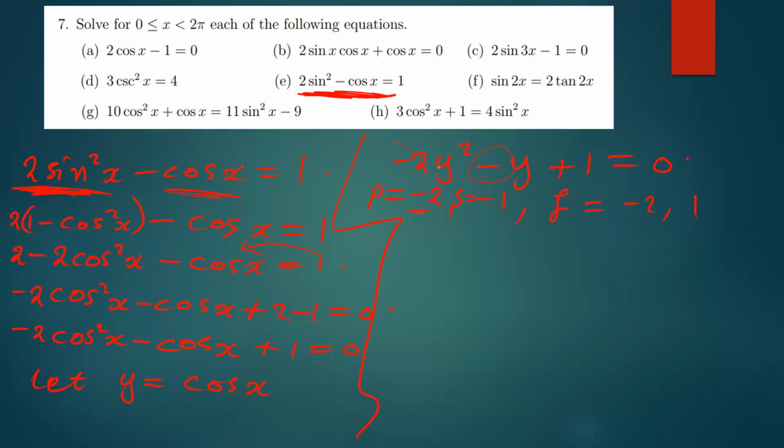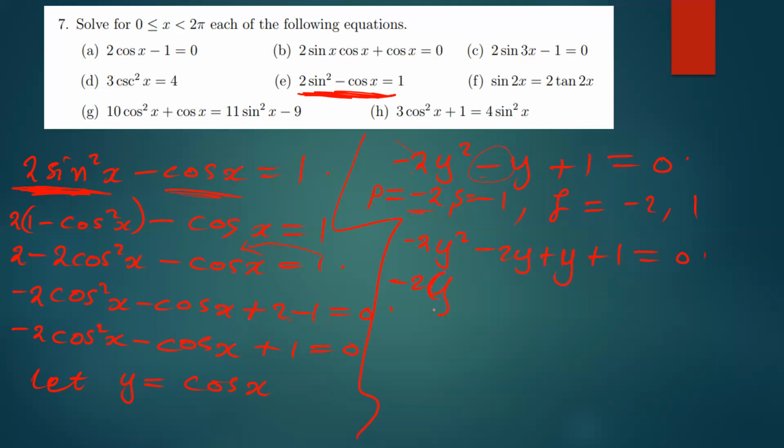So we replace them in the equation there. We're going to have negative 2y squared, then negative 2y, positive y, then plus 1 is equal to 0. And then from there, we can now solve the quadratic equation, which is easier.